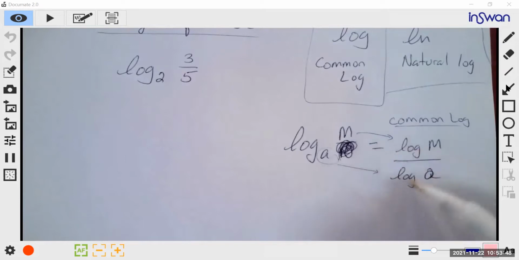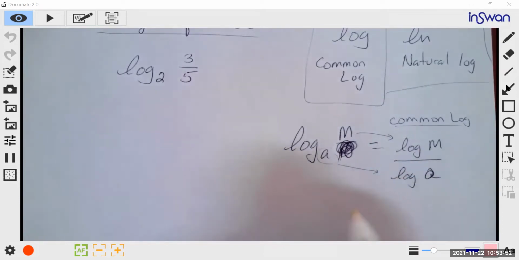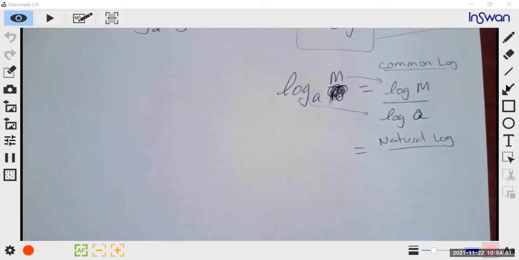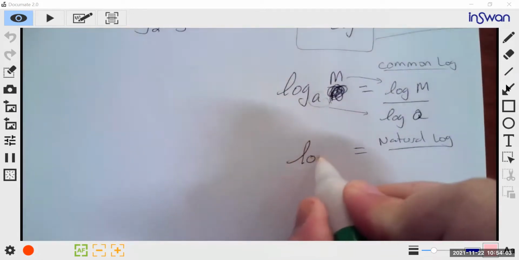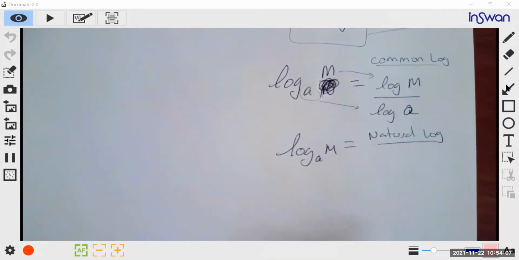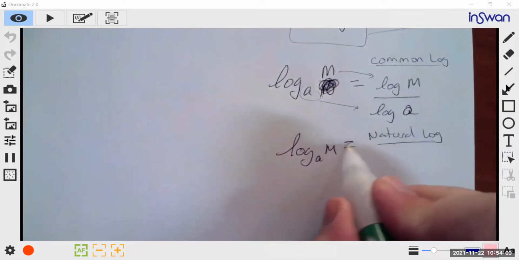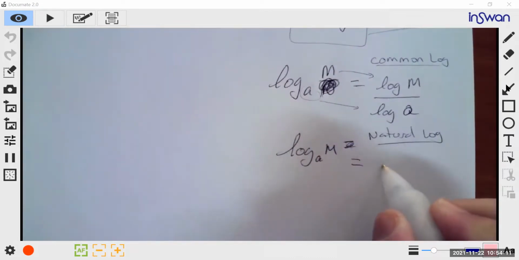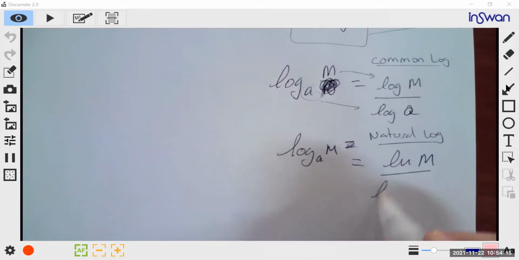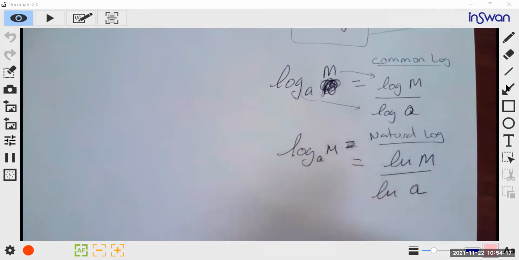You see, now they have a common log. You can use a natural log also. It would be ln of the numerator divided by ln of the base.